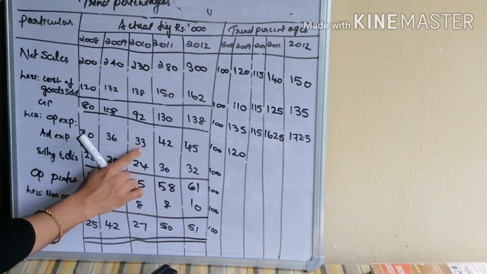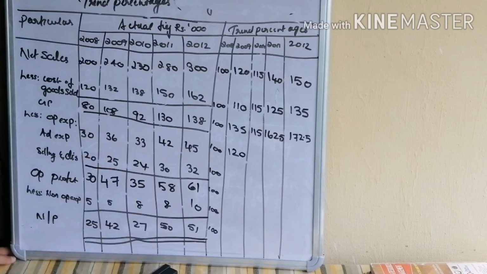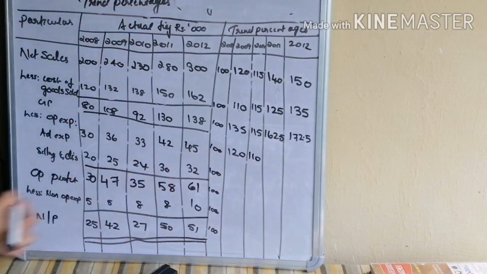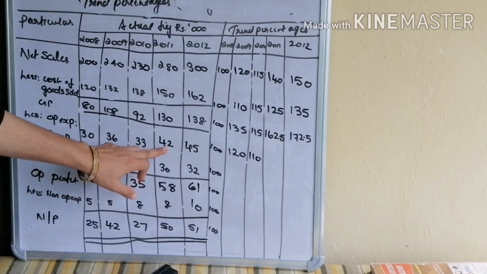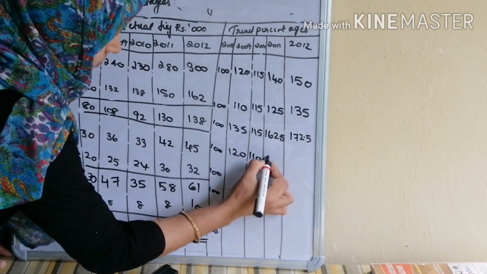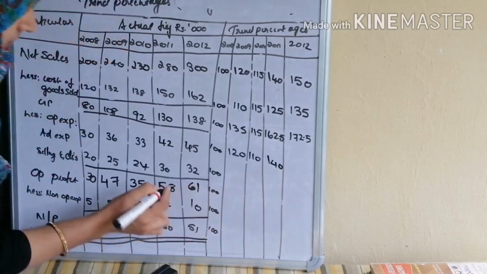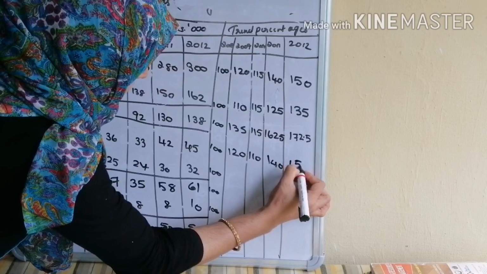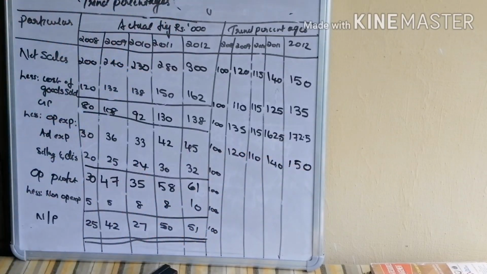And next 33 divided by 30 into 100, that is 110. And next 42 divided by 30 into 100, 140. 45 divided by 30 into 100. The answer is 150.